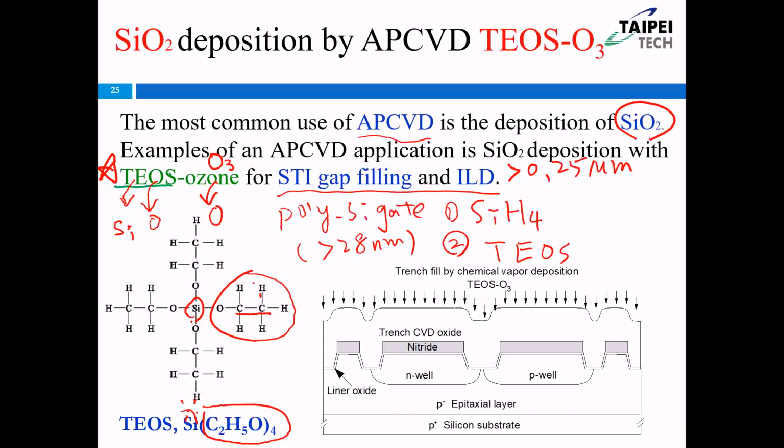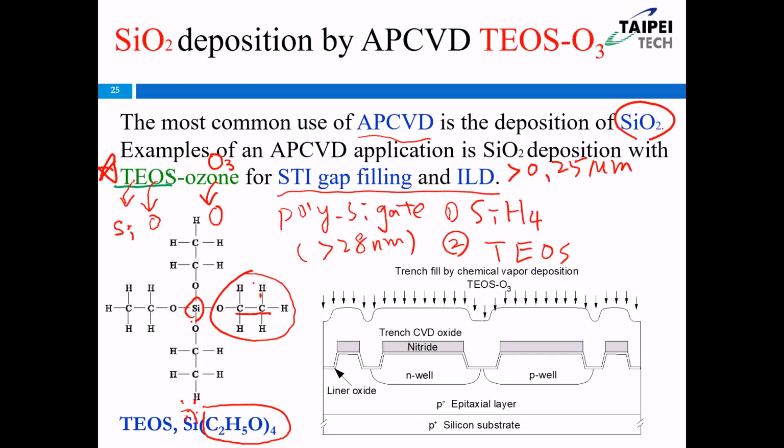To break down the covalent bond between silicon and oxygen is not easy, and it requires high temperature.